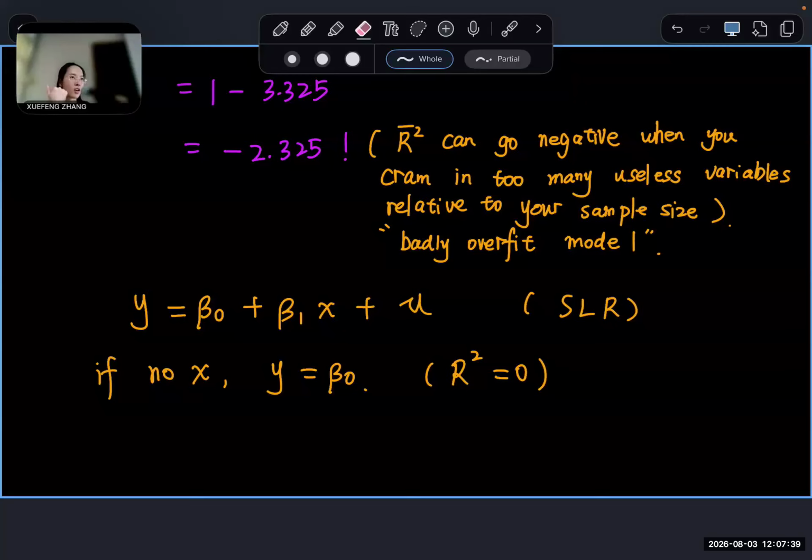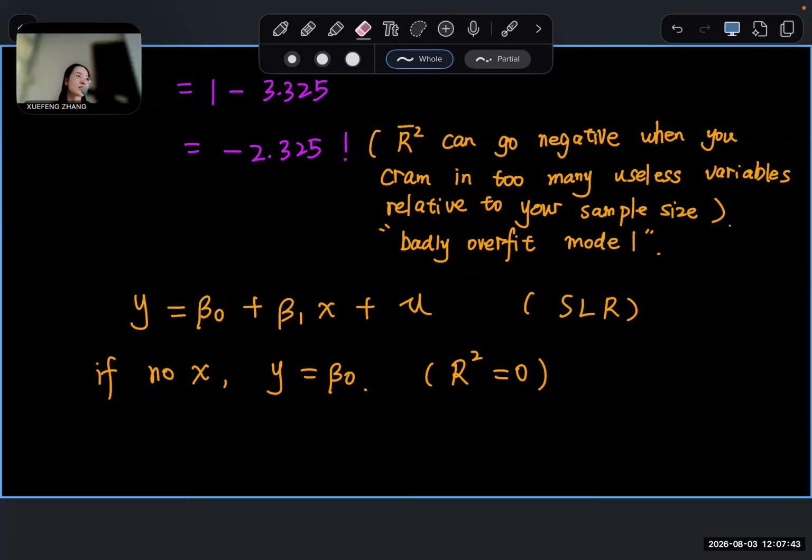Do you study alone or with your friends? Most of you can study alone very well. On the contrary, if you study with your friends, it is like you put another x in your model, and that x doesn't help you get a better score. So this is the difference.